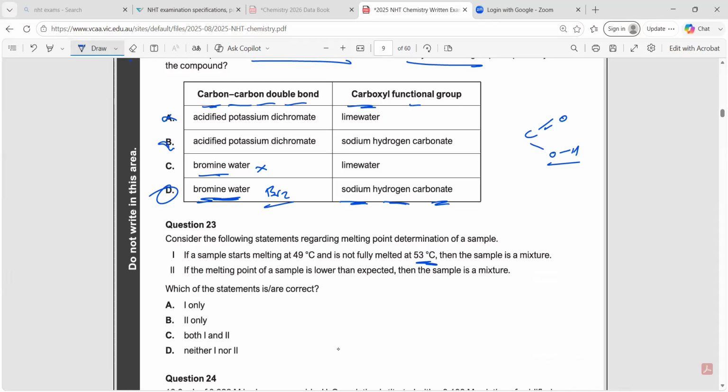So it's definitely higher than 53. So the sample doesn't mean that it's a mixture. It's also a definitive statement. So I don't think it is correct. Or maybe it is.